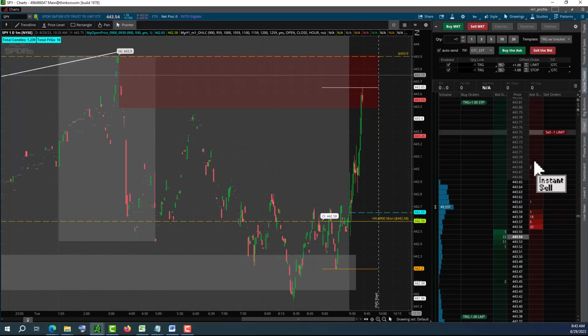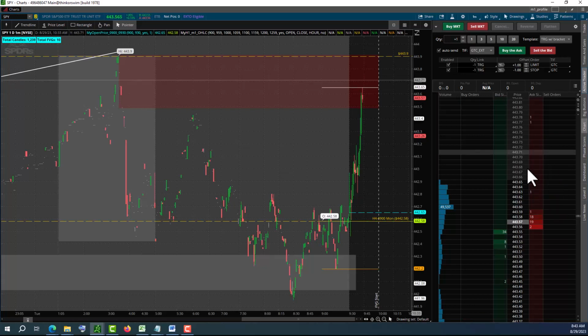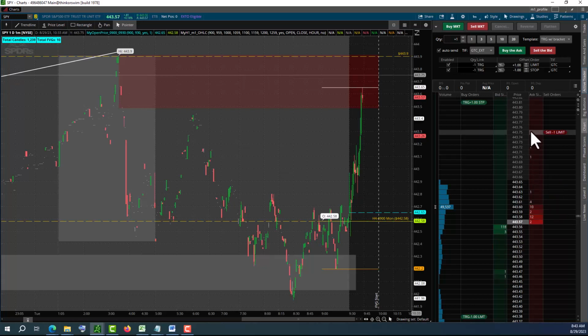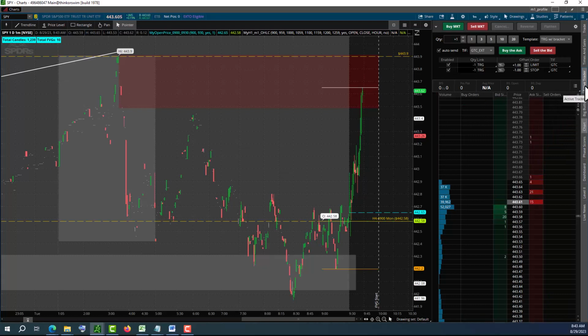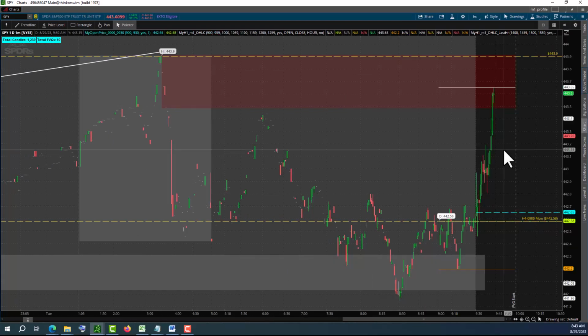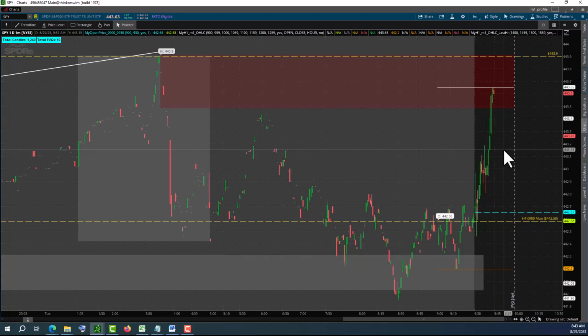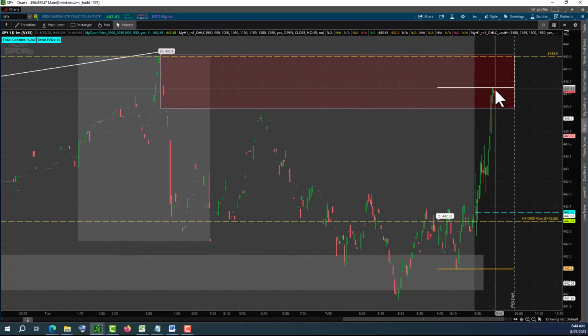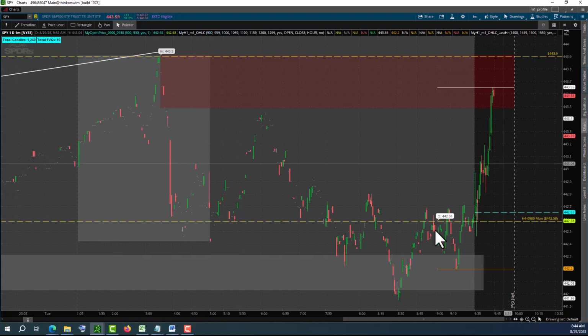It's basically a ghost order to try to pull the price up. And we anticipate exactly it's going to go back to this area right there.